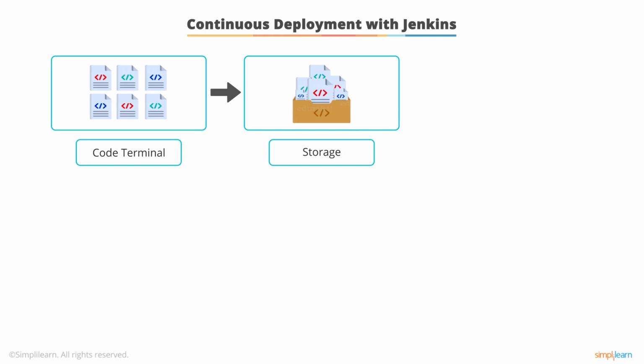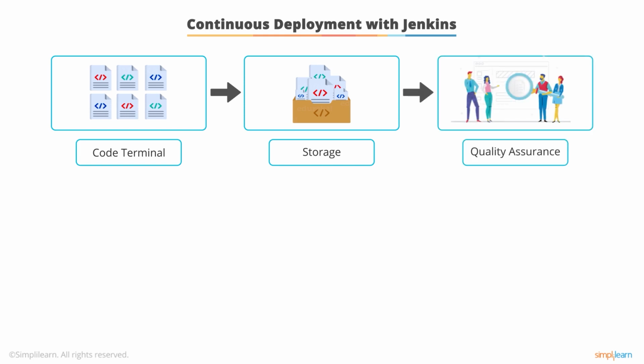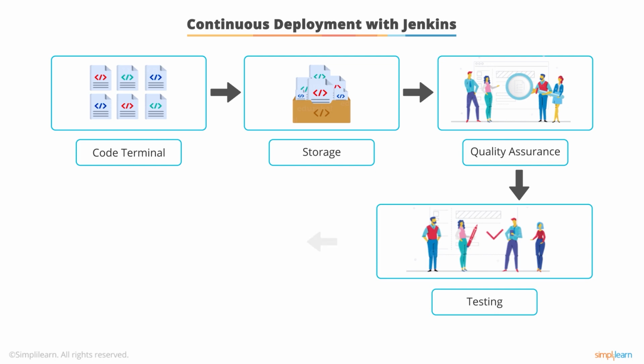Moving the code into a separate test computing environment, ensuring that the code is implemented in the best way possible, in addition to ensuring that the code works according to expectation so that it can be released to production, is done in the quality assurance and testing stages.